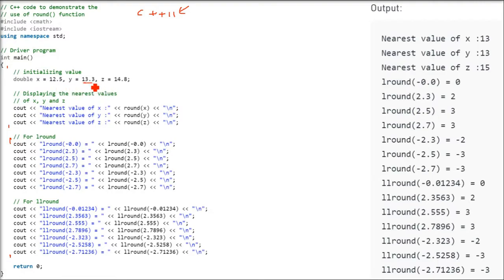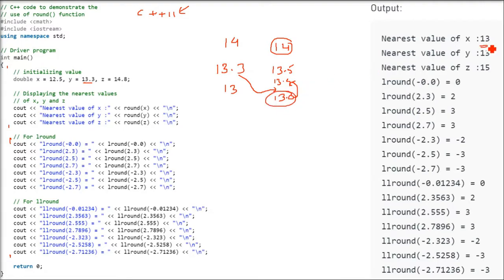So let us take an example here, 13.3. Now 13.3 is coming between 13 and 14, the lower and higher integral values. So for 13.5, 13.6, 13.7, 13.8, 13.9 and 14, whatever value comes, it will take 14. And if 13.0, 13.1, 13.2, 13.3, 13.4 comes, it will be 13. So 13.3 is coming between 13.0 and 13.4, so the rounded value will be 13.